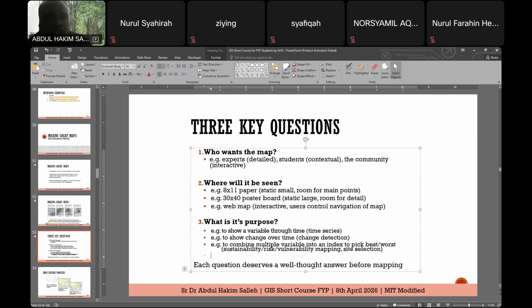Which area is the riskiest, the highest risk, and which area is the least risk for the hikers who wanted to go hiking? That is something that shows you the best and the worst.